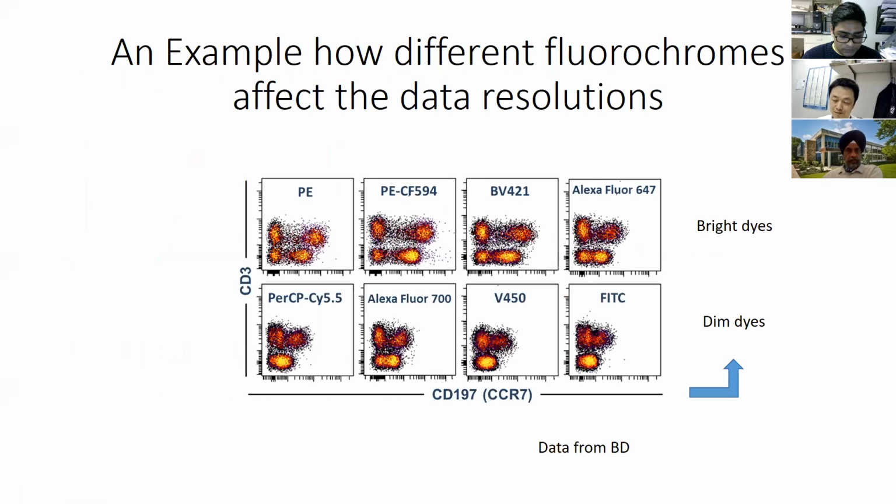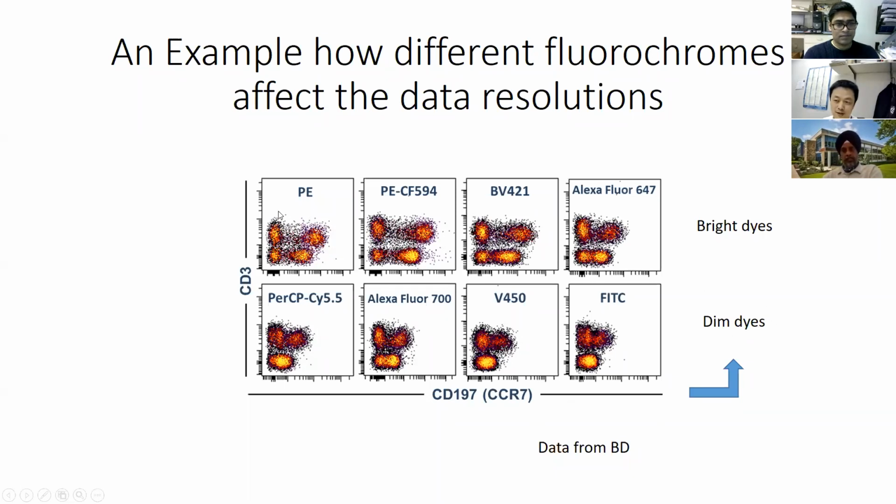The first one, I'm going to show you an example provided by BD. It shows co-staining with two markers, CD3 and CD197. The top row uses a bright fluorophore conjugated to CD197, and the bottom row uses a dim dye.